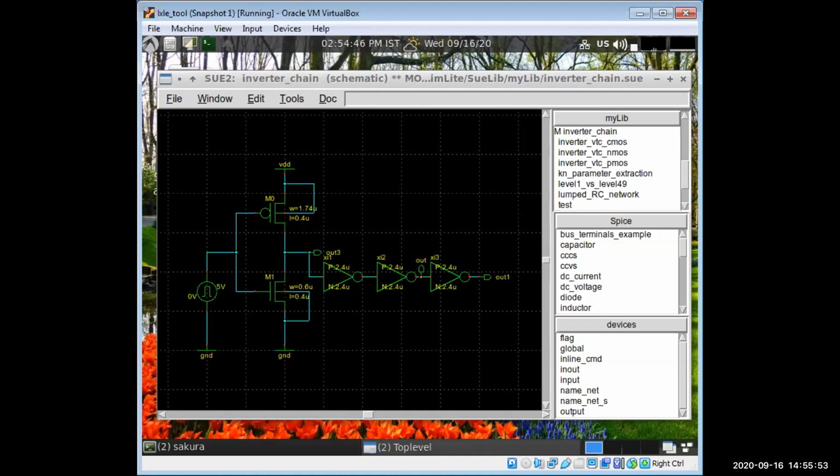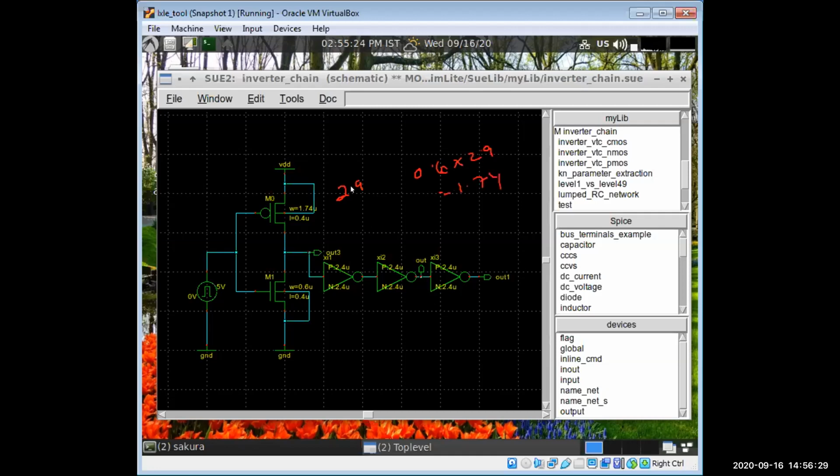So I have taken the ratio of 2.9, with PMOS 1.74 and NMOS the minimum size of 0.6. The mobility of PMOS is almost 2 to 3 times less than NMOS, here 2.9 times. 0.6 into 2.9 will be 1.74.